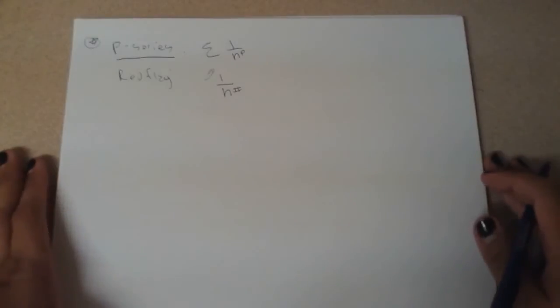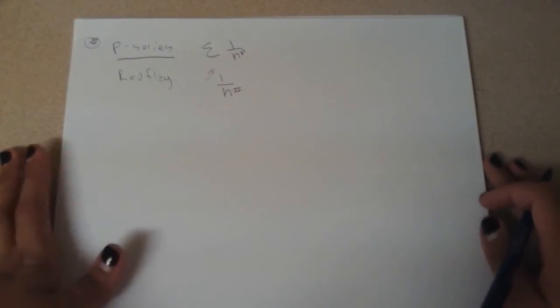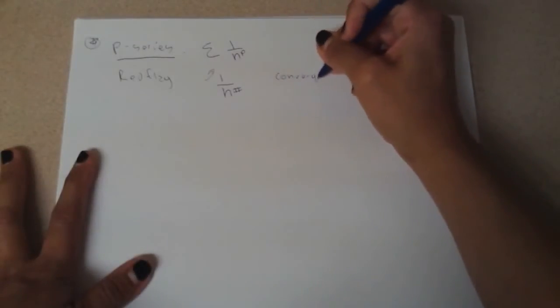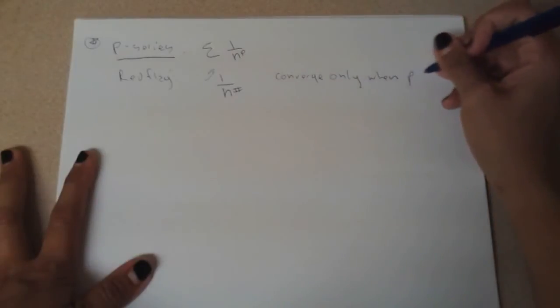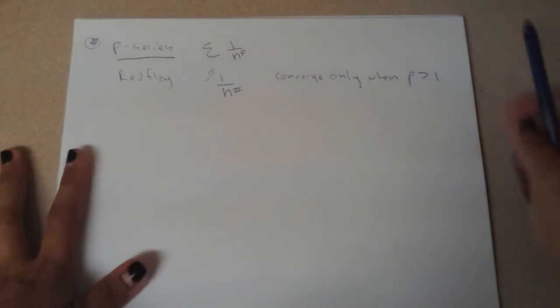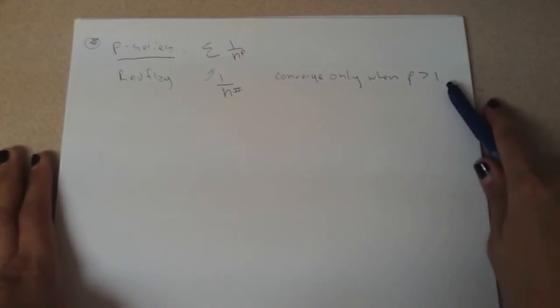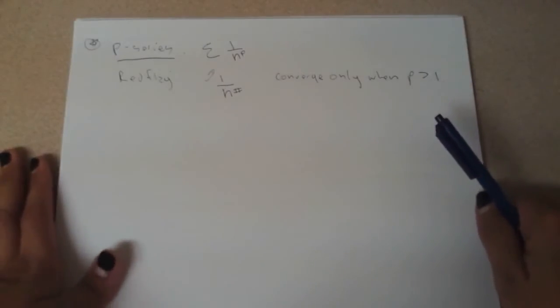Before, with geometric series, we had a number to the n. Here we're seeing n to a number. In this case, these converge only when p is bigger than 1. Recall the borderline case p equals 1: this is the harmonic series, which actually diverges.